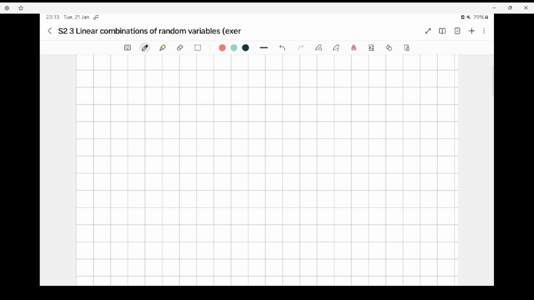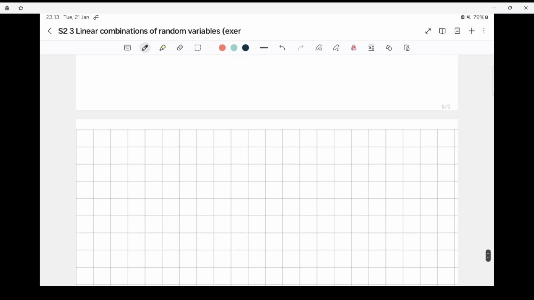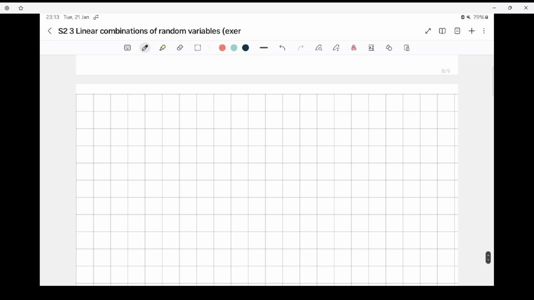So, yesterday's video basically I derived the discrete random variable version and the continuous random variable version of these equations.